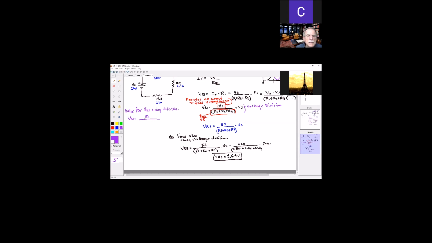In the bottom, we put the sum of the resistors, so it's R1 plus R2 plus R3, and we multiply that times V sub S. So we've got 680 divided by 680 plus 1.1K plus 220, times 24. That's 8.16 volts.